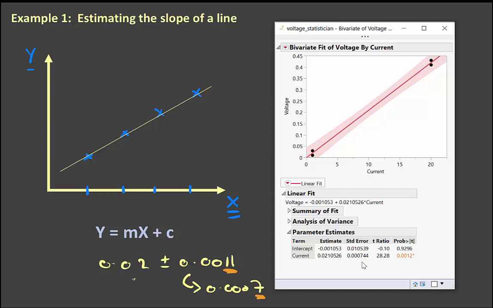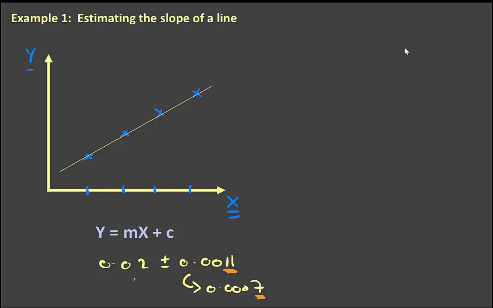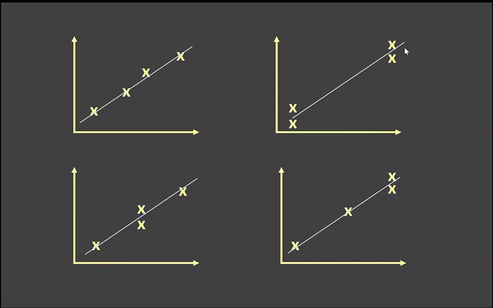And even if I don't know it's linear, sometimes a linear model is sufficient to get the answers that we need. But there are other design strategies that do look at nonlinear behavior, curved relationships. So I've got 4 different strategies here. The top 2, the one we've just looked at, the bottom 2 are alternative strategies.